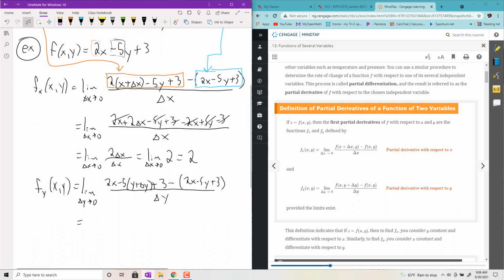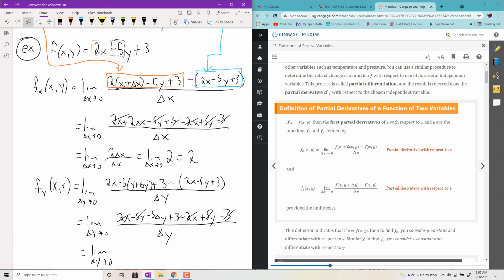So this would be the limit as change in y goes to 0 of 2x minus 5y minus 5 change in y plus 3, minus 2x plus 5y minus 3, all over change in y. And sure enough, we have a bunch of cancellations, and it looks like I'm going to get negative 5, just as I supposed.